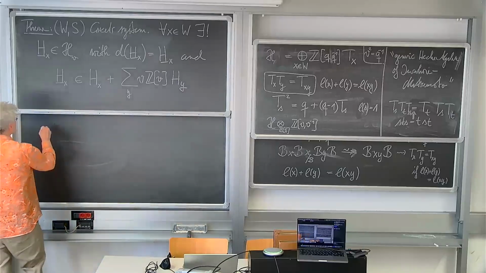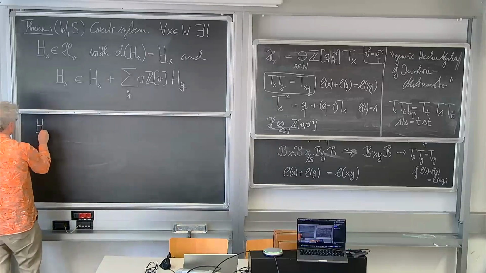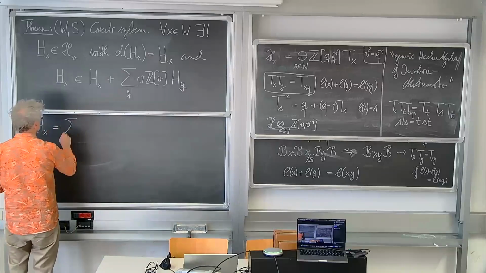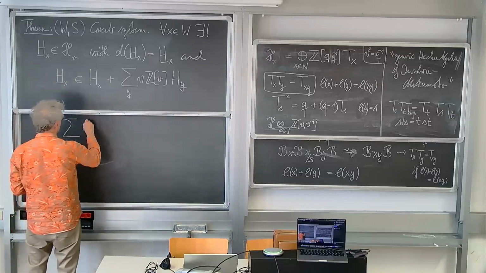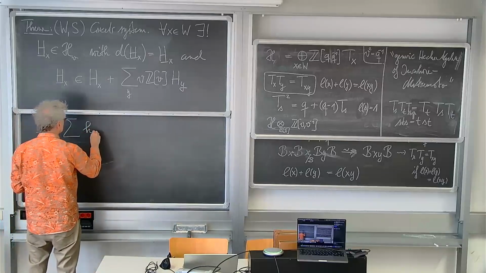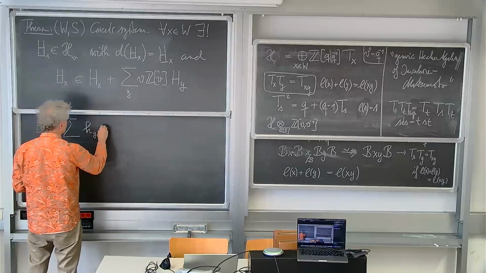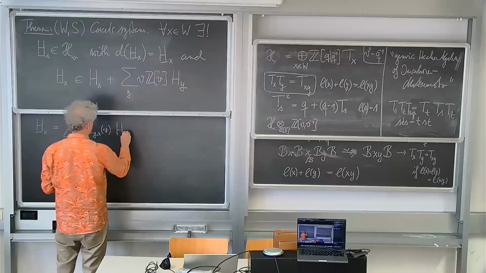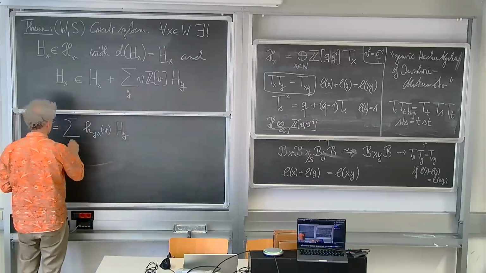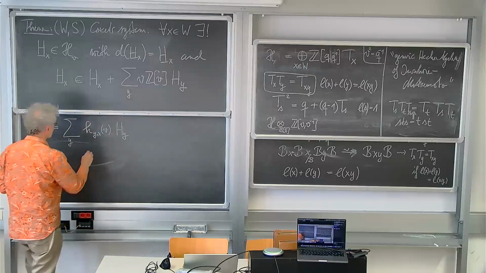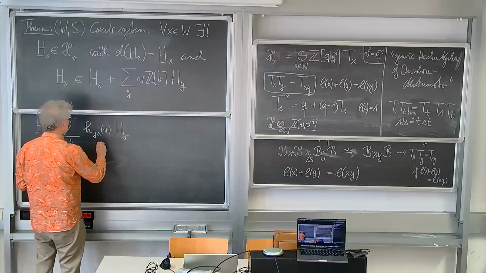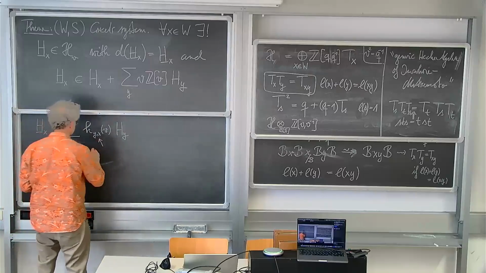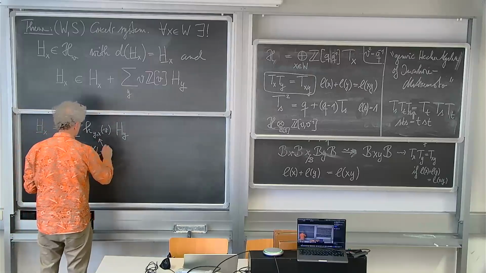Namely, this H_x could be written as a sum of some polynomials, H_y x of v, times H_y, and these things are more or less Kazhdan-Lusztig polynomials.